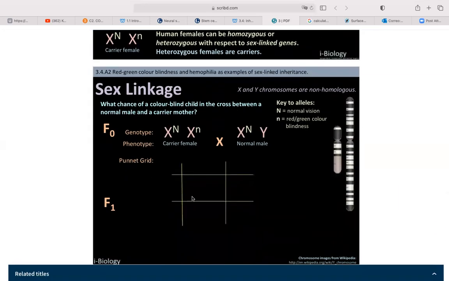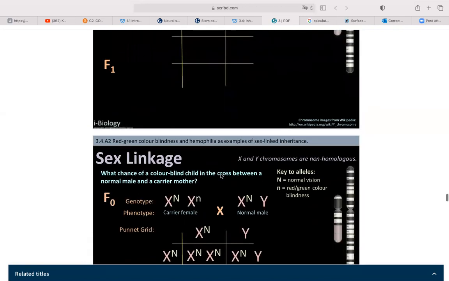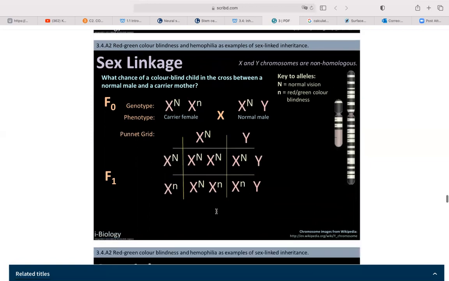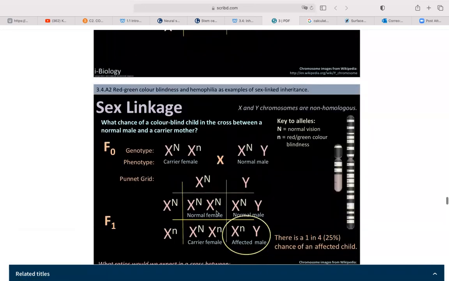And then we have the Punnett grid. We're going to work with this in class. But first, what do we have? We have the parents here, carrier female, normal male. So we have to write those in the Punnett grid and make the cross. Okay, you have to be sure what you are crossing and what is the phenotype and genotype from these genes.